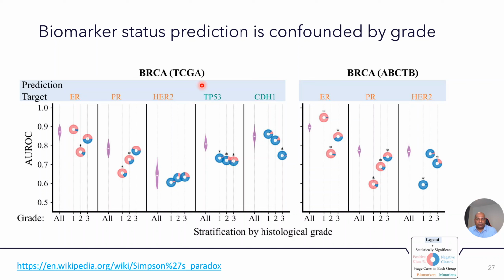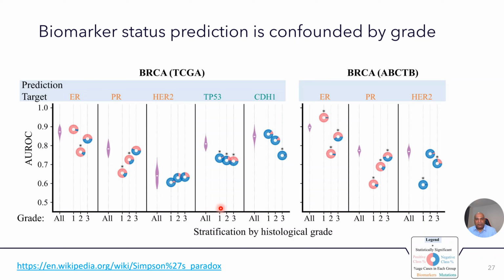This is a visualization of the results of the same model shown differently. On the x-axis is stratification by histological grade, and TP53 is the variable we are interested in predicting. Here we see that our model's performance across the whole cohort should be around 0.8.